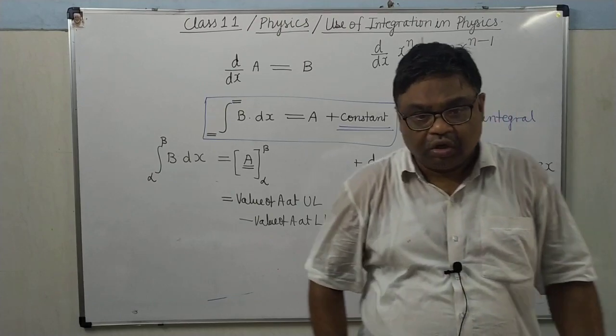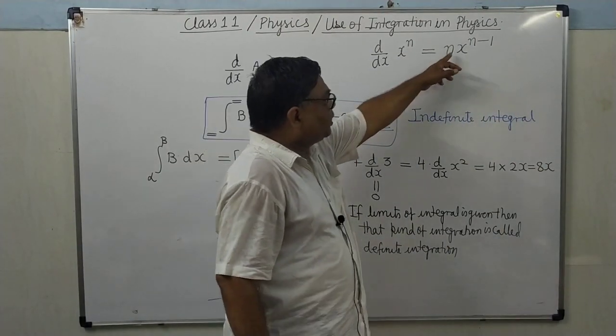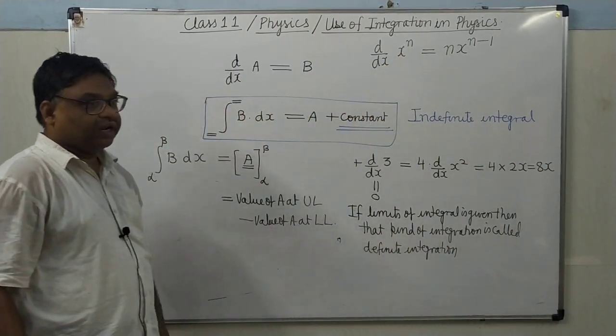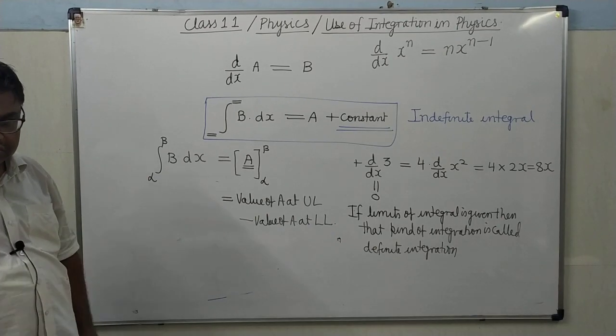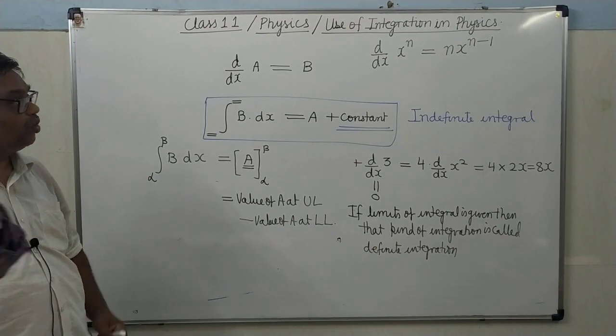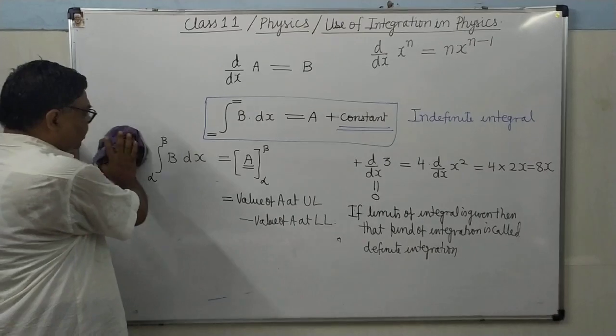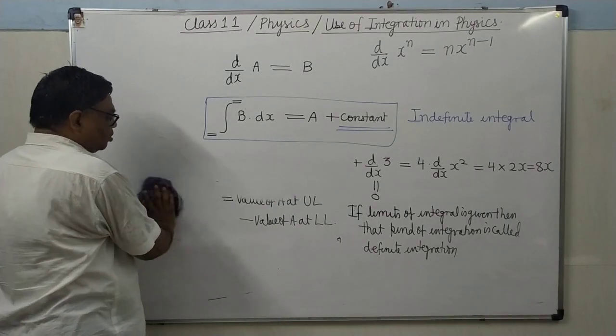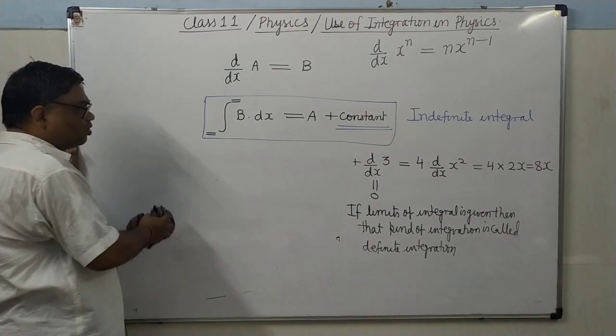Now what will you do? When we integrate it, we will get x to the power n. It's clear? So you see what is the corresponding formula of this in integration. So this point will be clear to you.